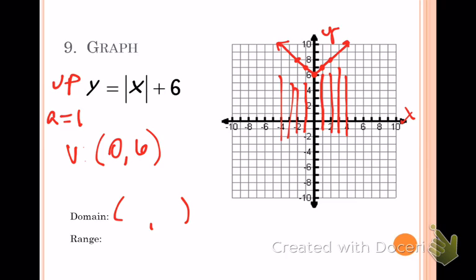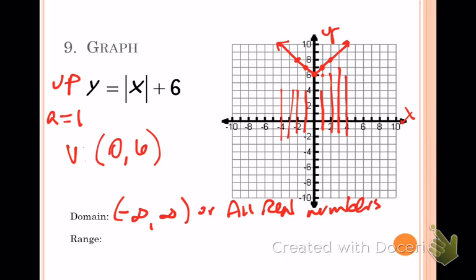Well, since this graph is going to touch all x values to negative infinity and all x values to positive infinity, that tells us that our domain stretches from negative infinity to positive infinity. And that's how we would write that. Now, you could also say that the domain is all real numbers. I like interval notation better because it's shorter, easier to write.